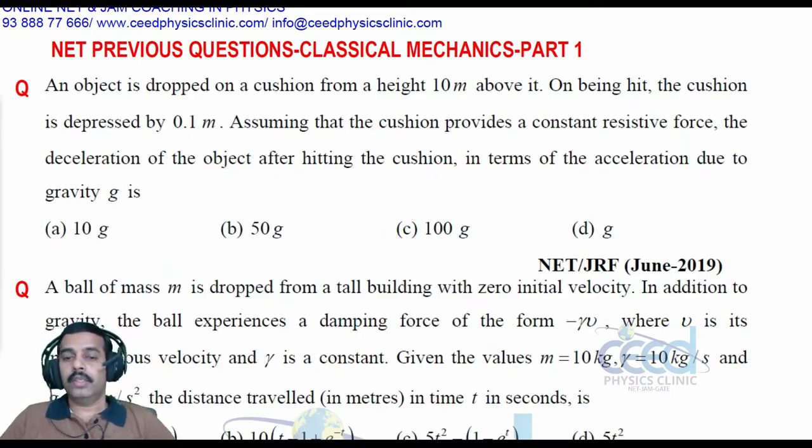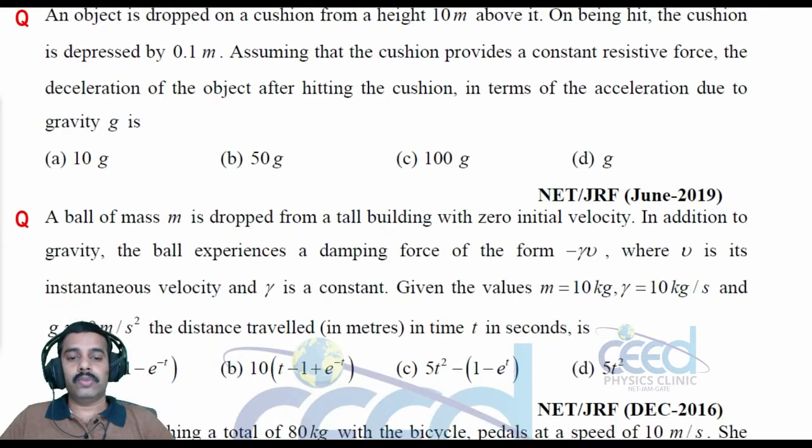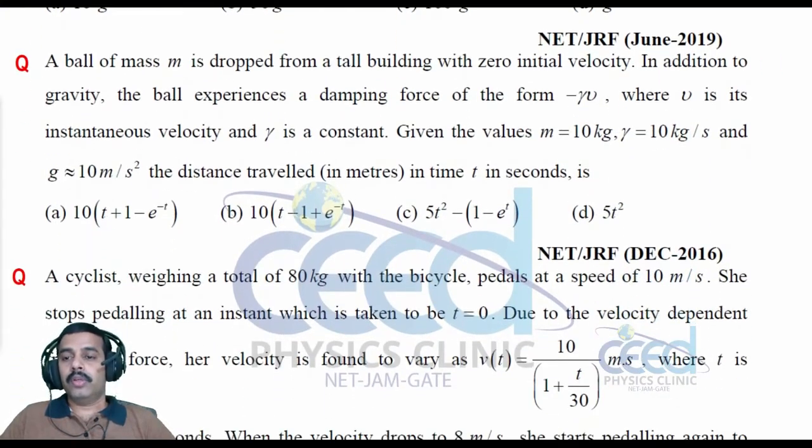All right. Now let us go to another question. A ball of mass m is dropped from a tall building with zero initial velocity. In addition to gravity, the ball experiences a damping force of the form minus gamma v, where v is the instantaneous velocity and gamma is a constant.